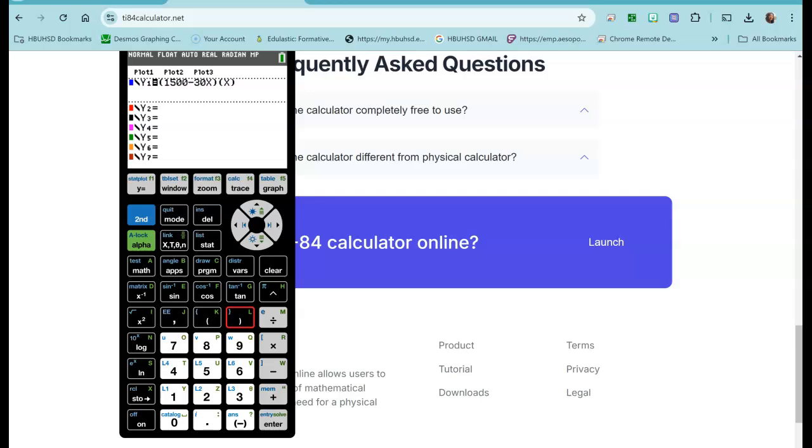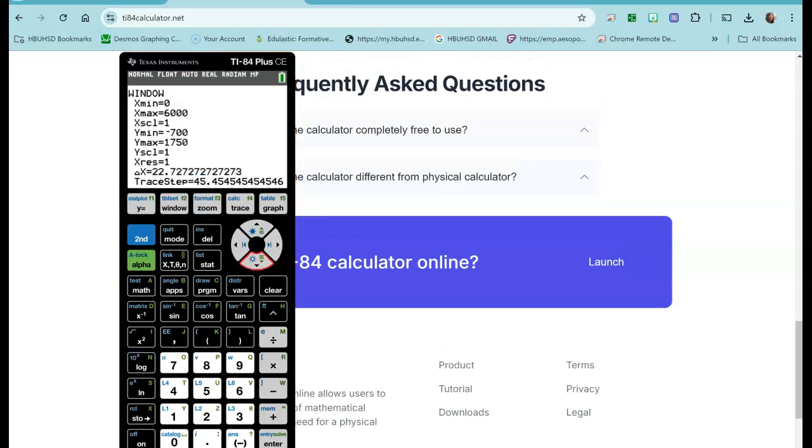And we already have the domain. It's important to find the domain because in your window, I want you to type in the domain. Your x min is going to be 0. Your x max, students, is going to be 50. And zoom fit, which is 0.